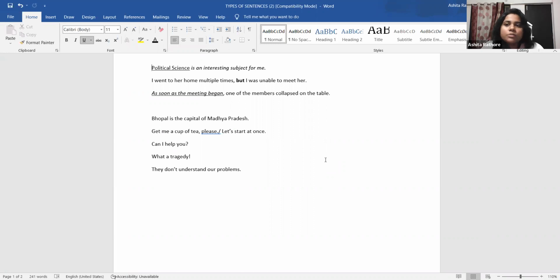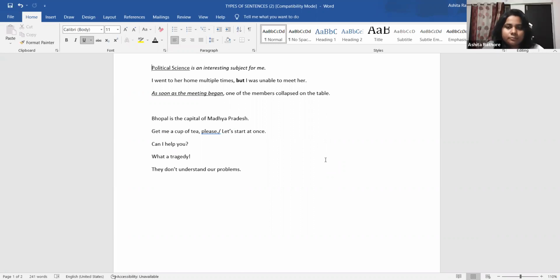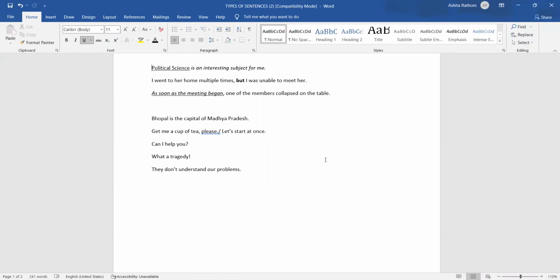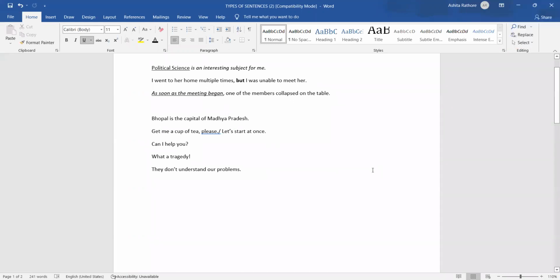And then we come to semantic difference. What does semantic difference mean? Semantic sentences focus on the meaning of the sentence, and based on that there are five types: declarative, imperative, interrogative, exclamatory, and negative sentence. Very good.